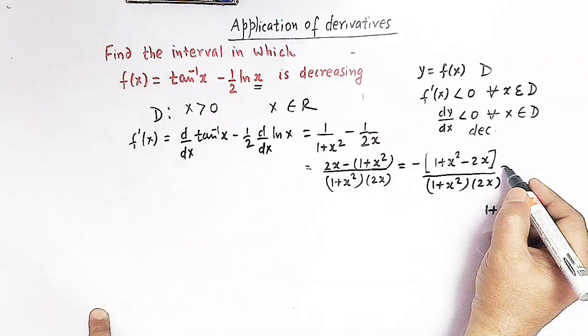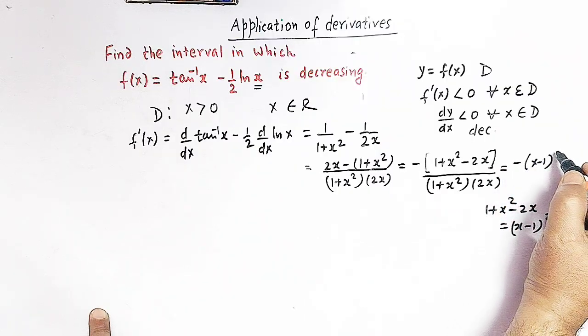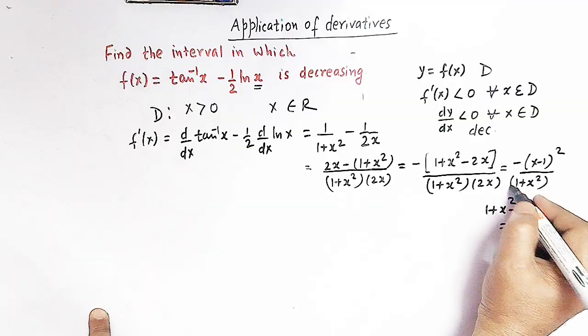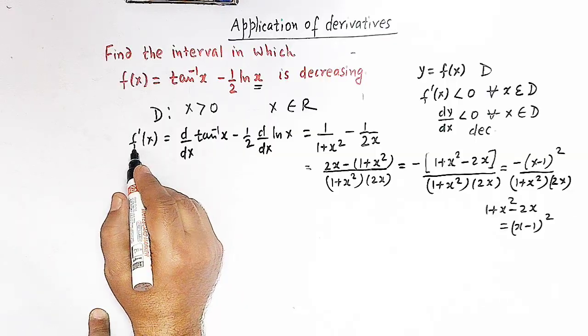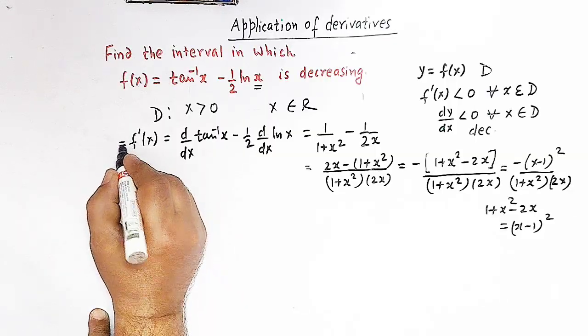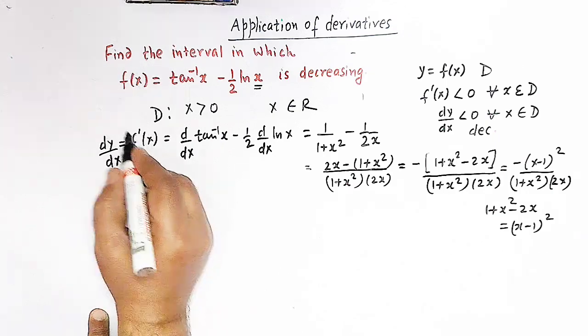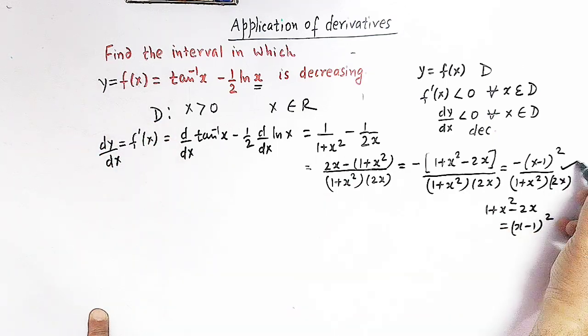So now we can write minus x minus 1 whole square over 1 plus x square times 2x. So the expression for the derivative, that is dy over dx, or f prime of x, is given by this expression.